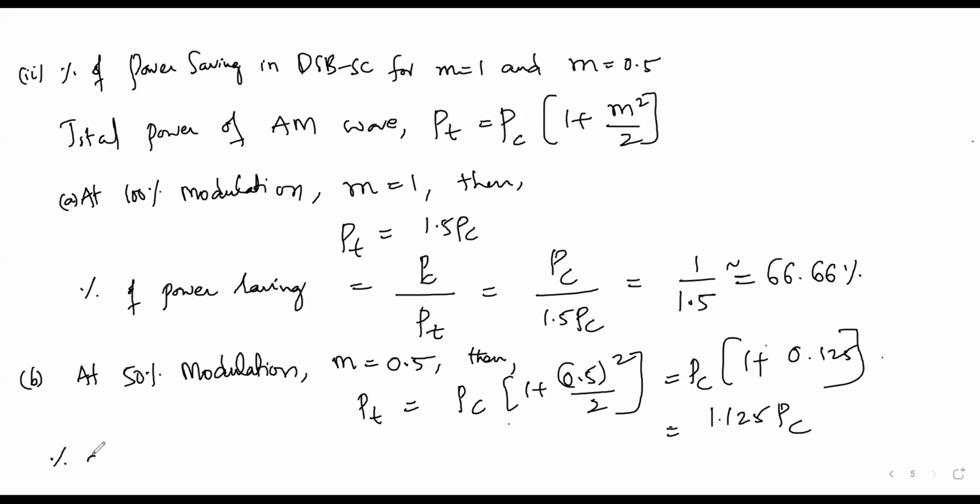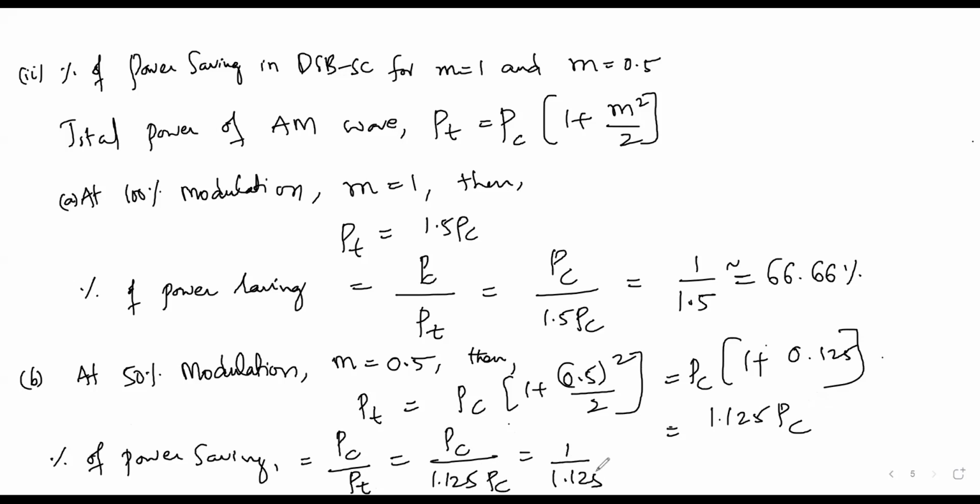And same thing, percentage of power saving will be equal to the carrier power divided by the total power. Carrier power is PC, total power is 1.125 PC. So that will be 1 divided by 1.125. Tell me the value for this.